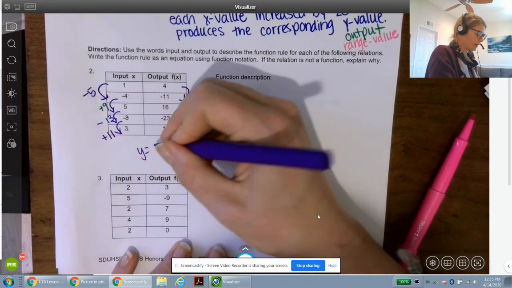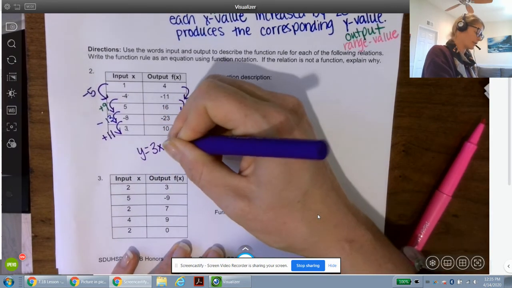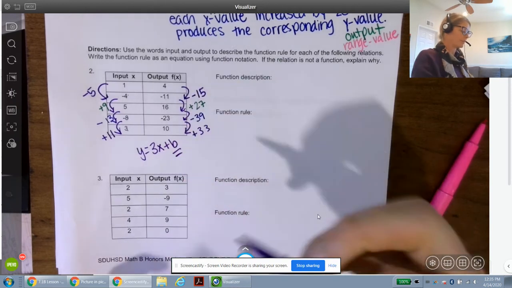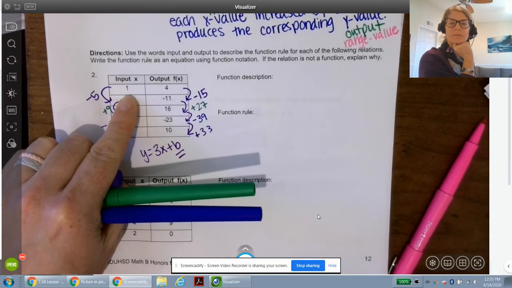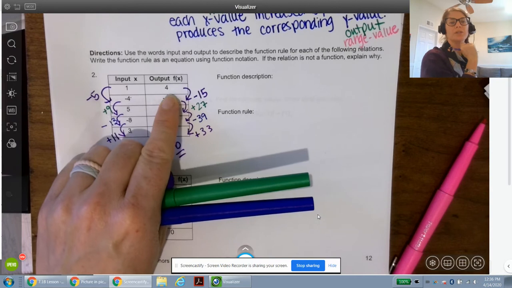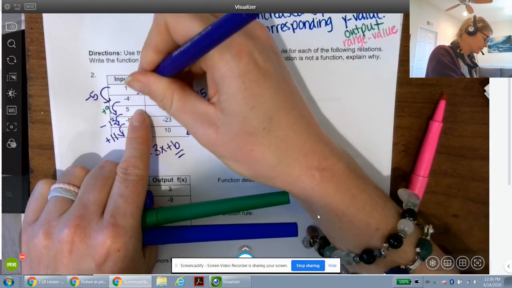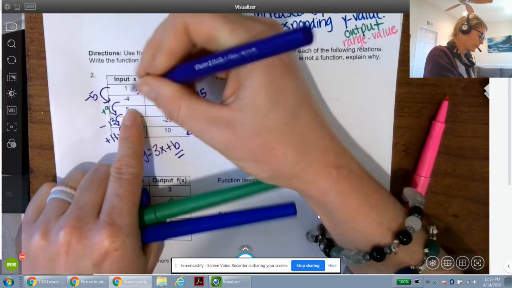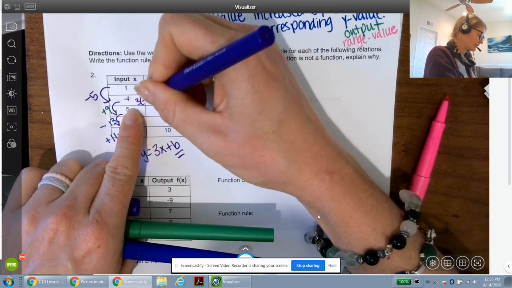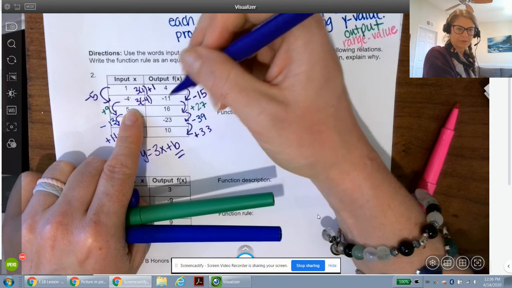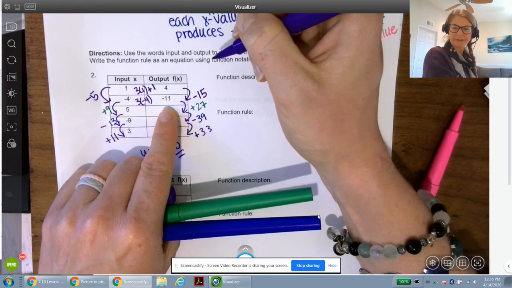So I know if I thought about a linear function, it's going to be y equals 3x plus my b value. Let's think about this. 1 times 3 is 3. What do you have to do to get to 4? Add 1. Okay. 3 times negative 4 is negative 12. What do you have to do to that to get negative 11?